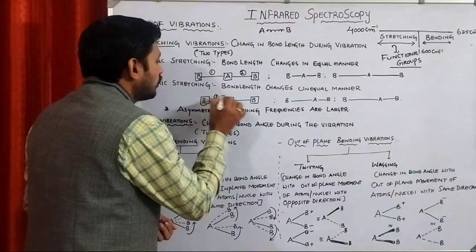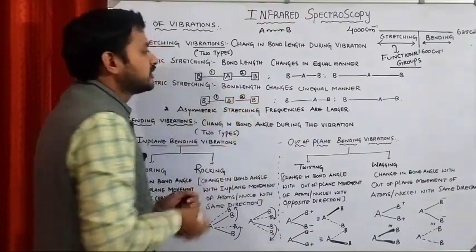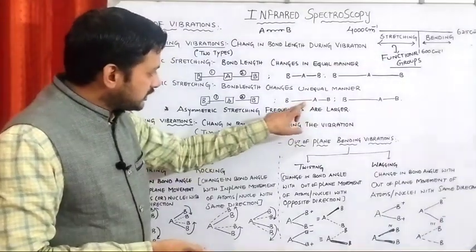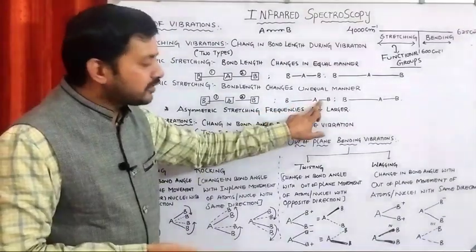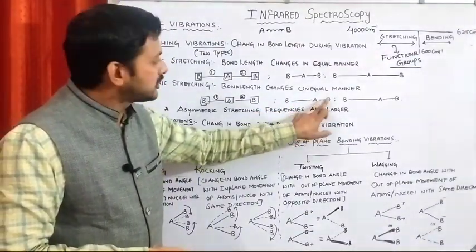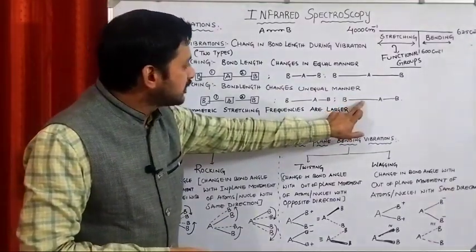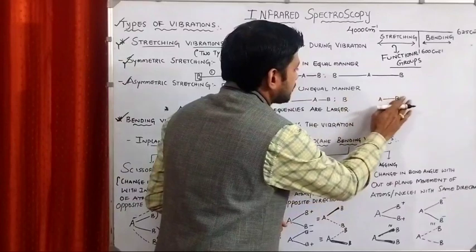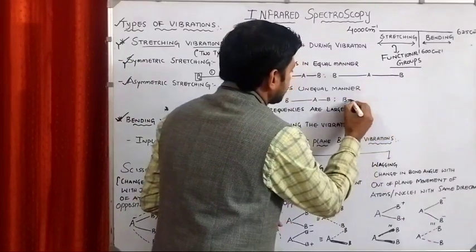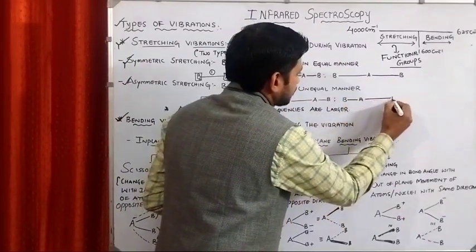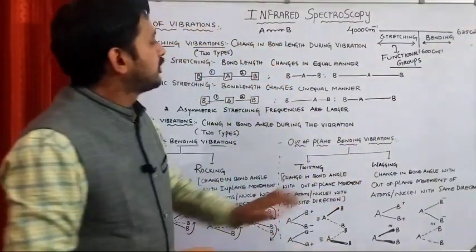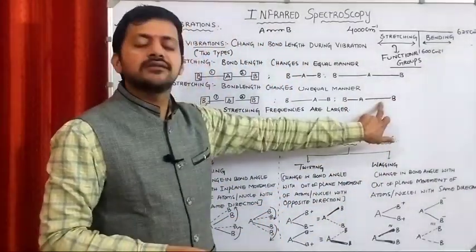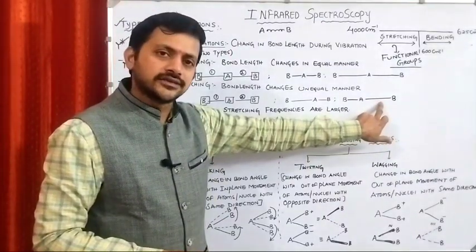See this one? This is the first bond, this is the second bond. See the first case? The first bond length is increased, second bond length is decreased. In the second case, what happens? The first bond length is decreased and the second bond length is increased.